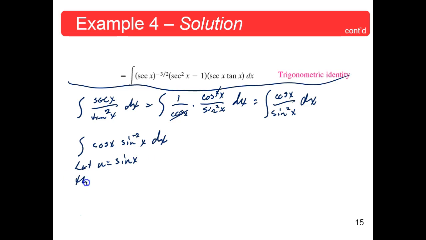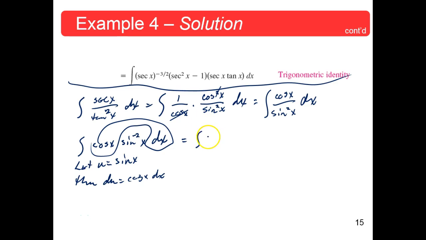Yes. Okay, then du is equal to cosine x dx. Hey, there's our du right there. So what do we have here? The integral of u to the negative 2 du. I think we can do that one. What would that be?